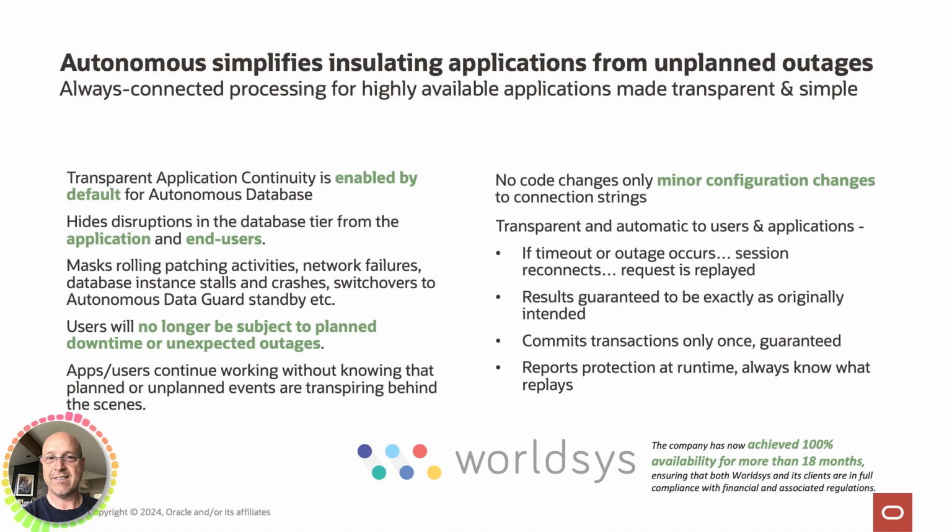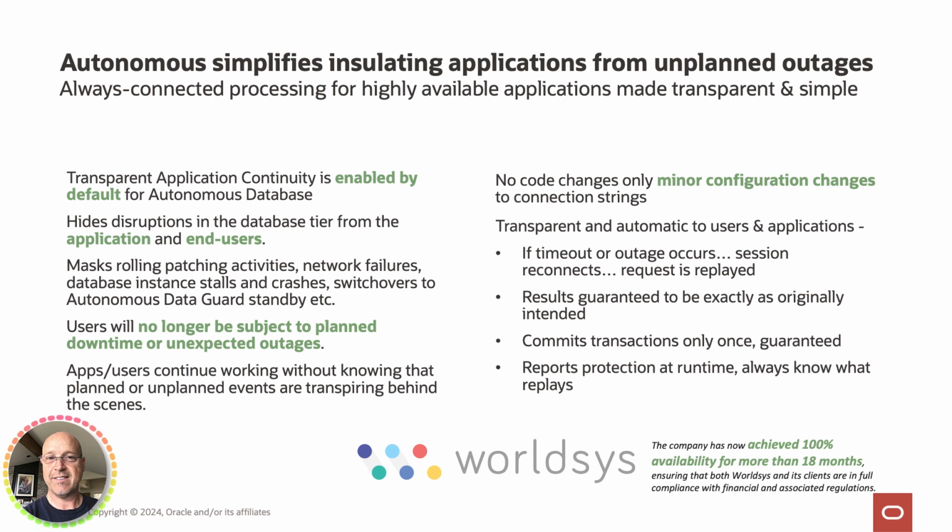We insulate you from these kinds of unplanned outages. We do that through various technologies that we have integrated into the solution, like transparent application continuity, which hides all the disruption by routing the traffic around to adjacent nodes when we need to do patching. Masking all the rolling activity that's happening through the entire stack, because we're doing VM patching, we're doing infrastructure level patching.